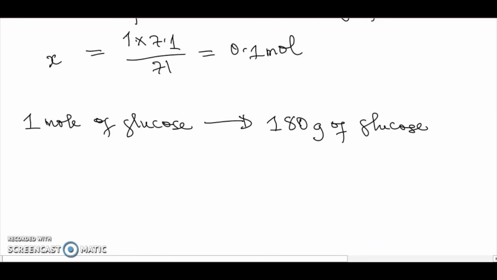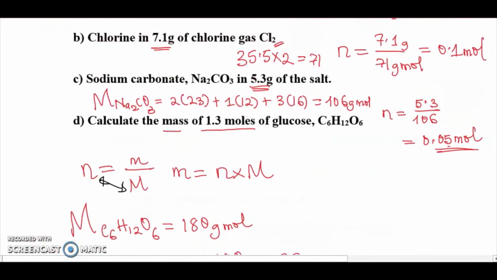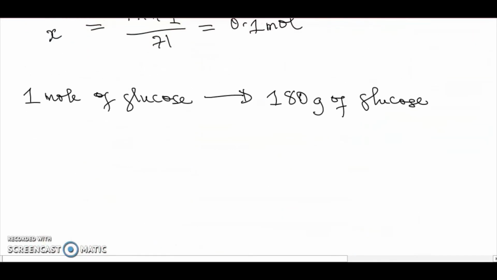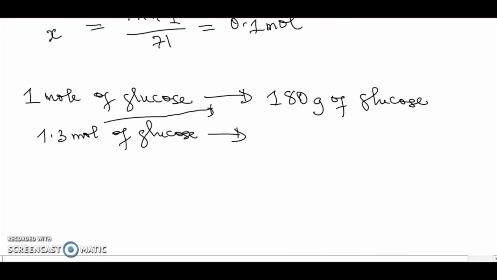So if that be the case, 1.3 moles of glucose has a mass of, we multiply these two and we divide by 1, it has a mass of 1.3 times 180.